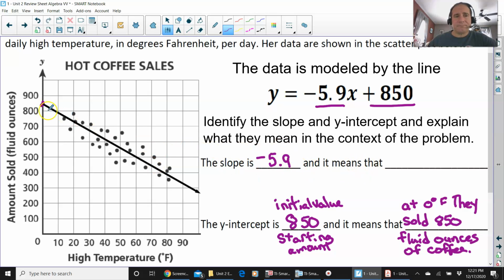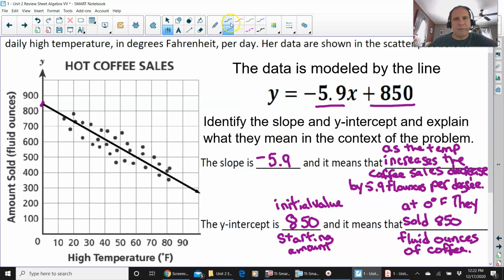So as the temperature increases, the coffee sales decrease, by 5.9 fluid ounces per degree, going down.